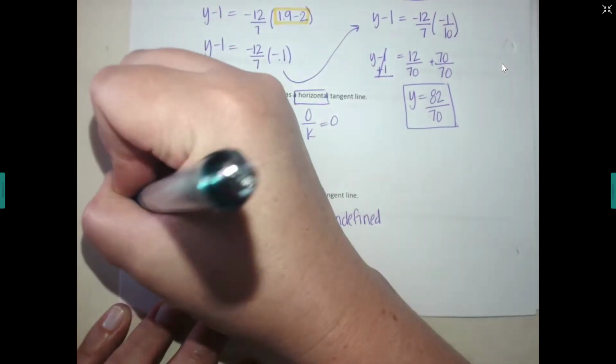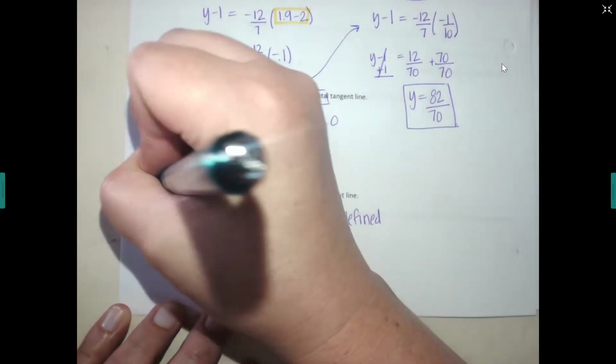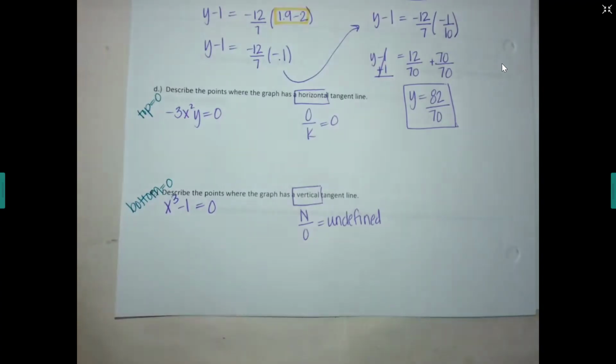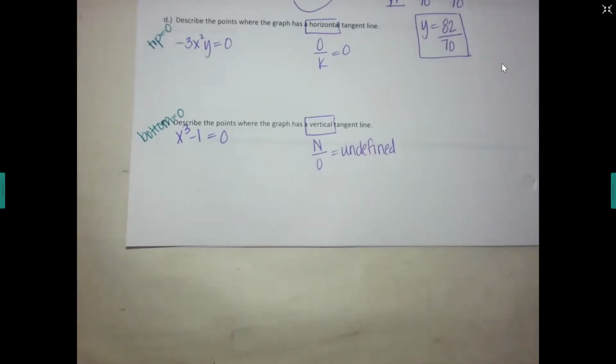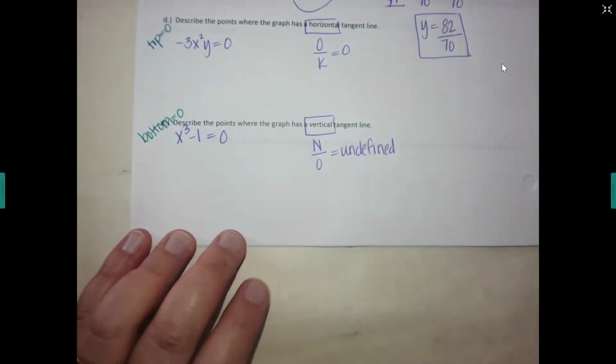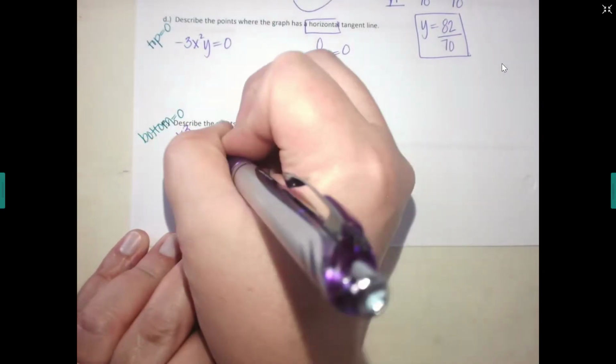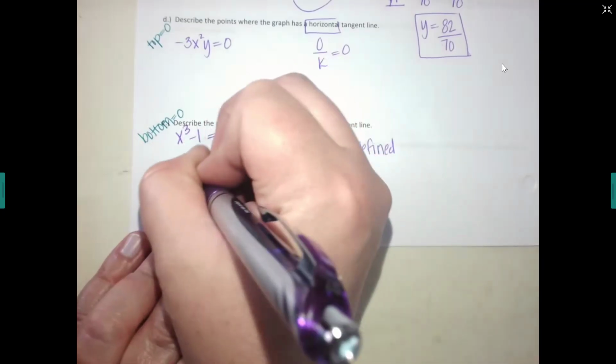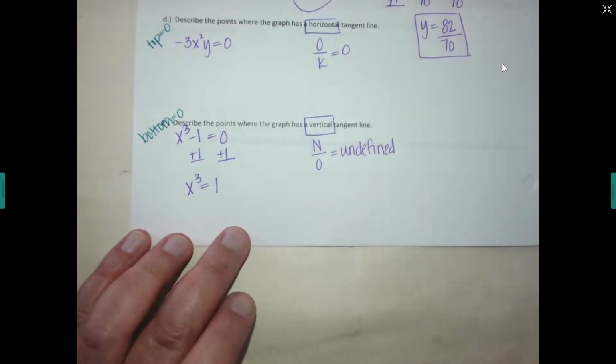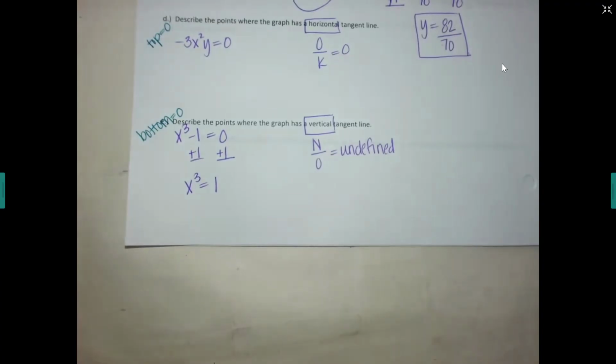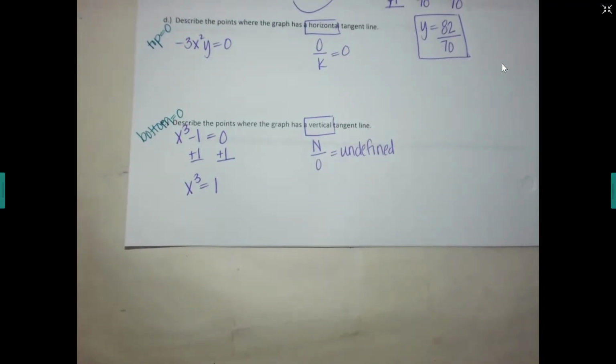This is bottom. Now let's do the bottom one first, just because it's easier. I have an x cubed minus 1, plus the 1 across. That means that I need my x cubed to be 1. And then just like last time, I'm going to take the cubic root.